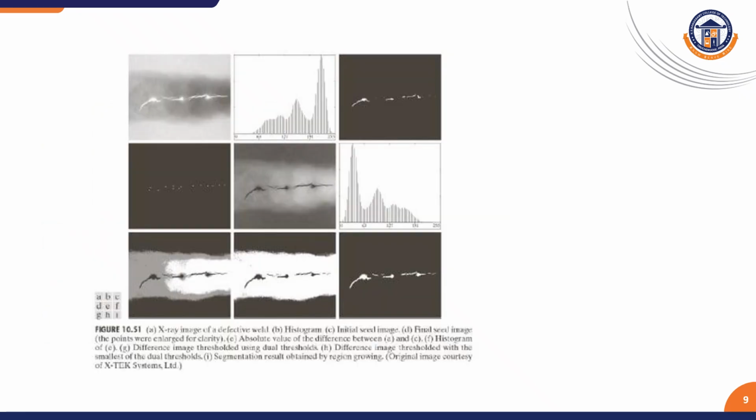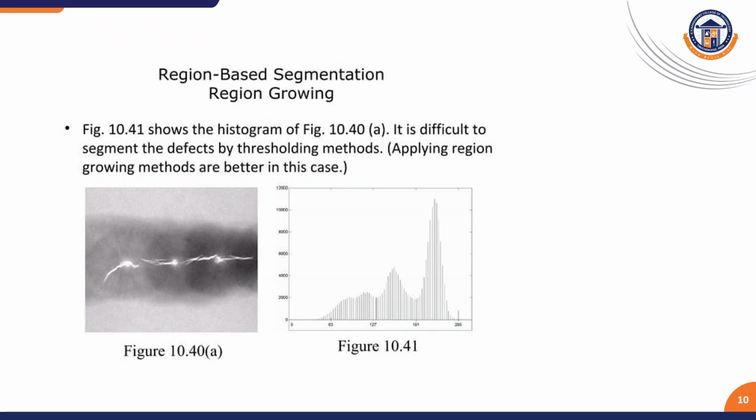The sample image for the split and merge algorithm is shown here, and in region based segmentation, the region growing shows histogram values used to segment the defects with thresholding methods. Applying region methods to this image gives better results.